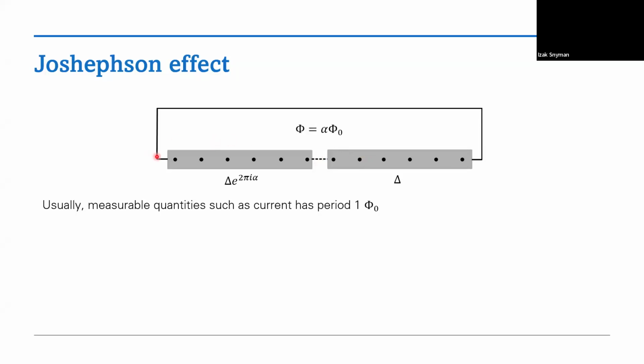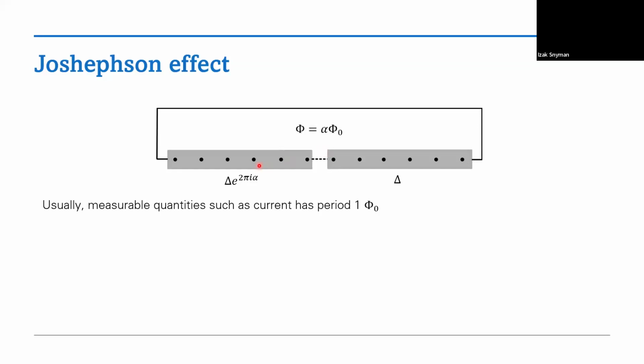Okay. Then what you do is you connect this up into a closed loop with magnetic flux through it, and what the flux does is it controls the phase difference of the order parameter across these two chains.